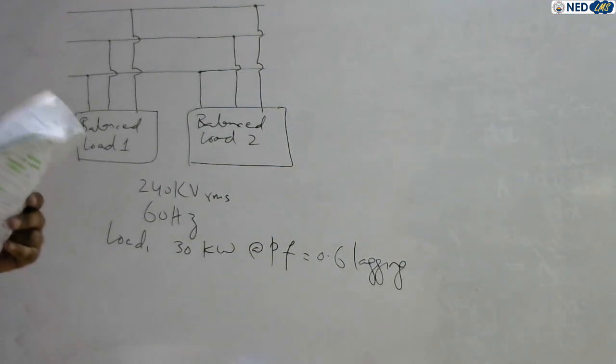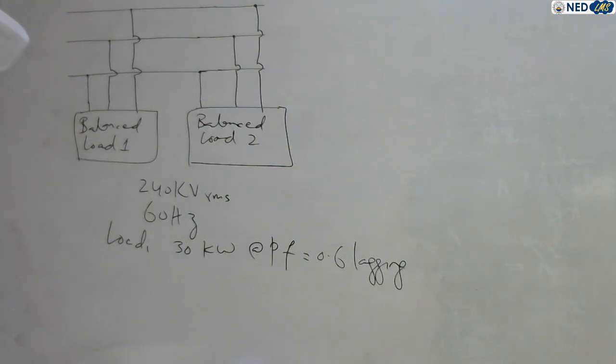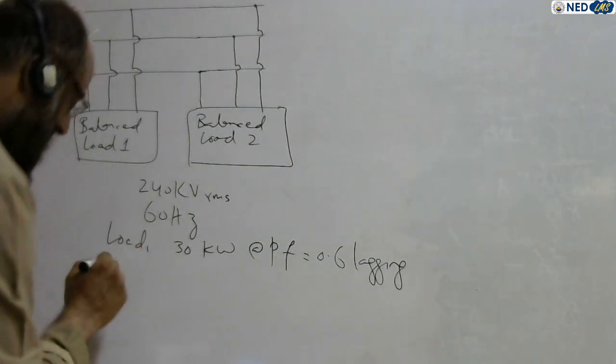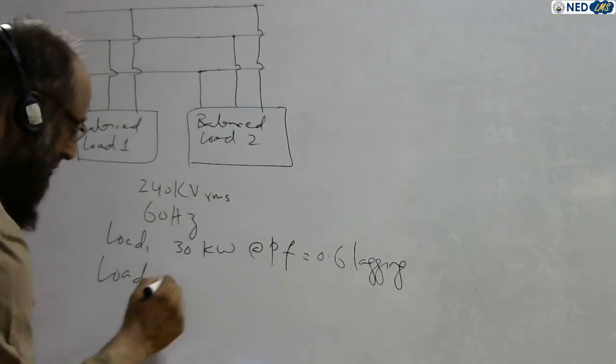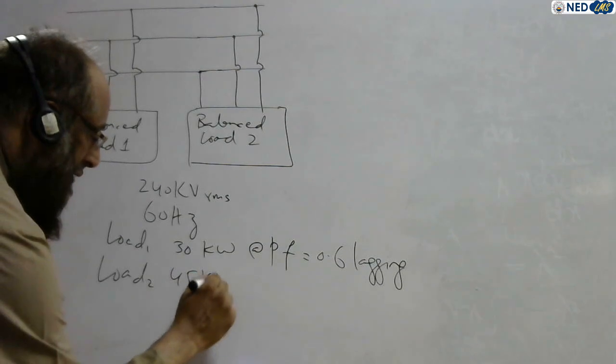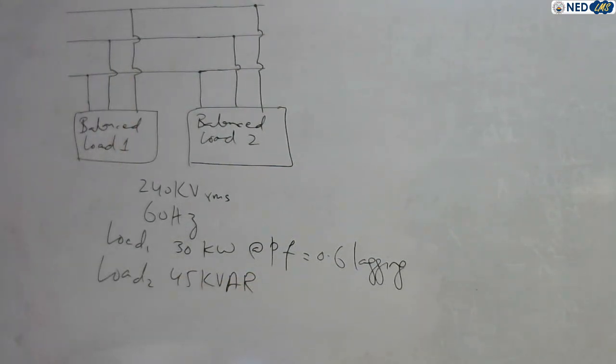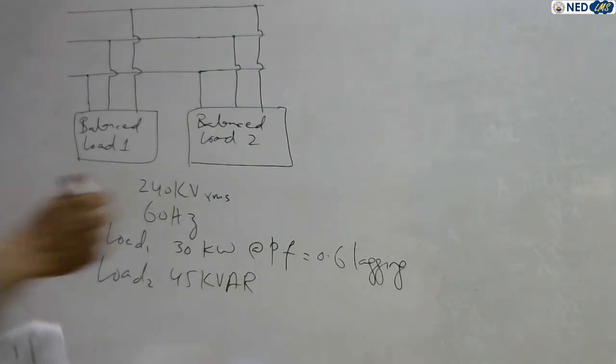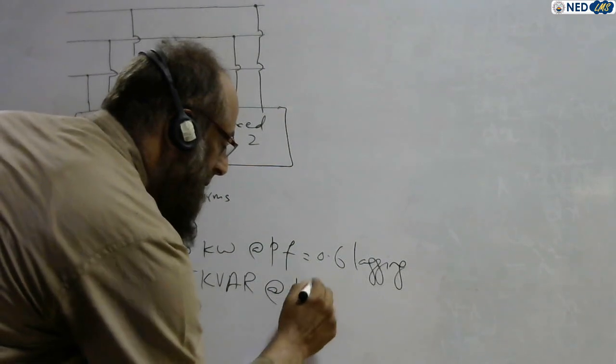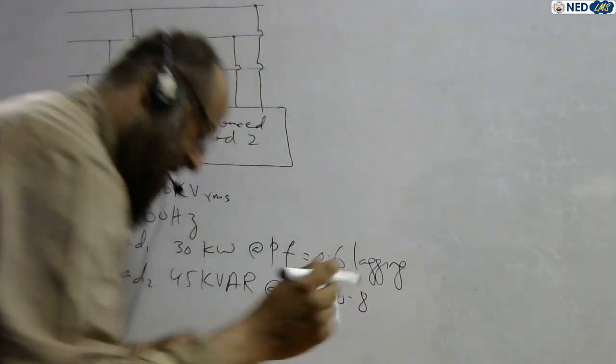The term lagging means inductive load, right? While load 2 draws 45 kilovolt-ampere reactive. What this means is that reactive power is given to you, at a power factor of 0.8 lagging.